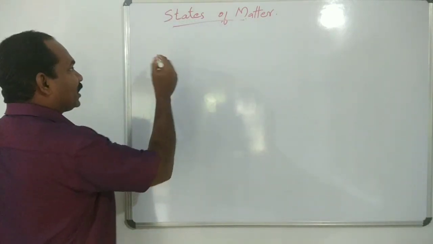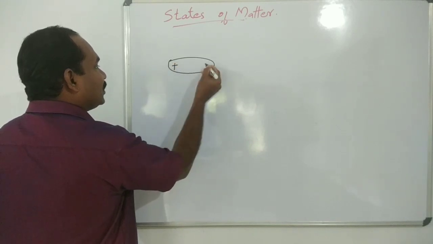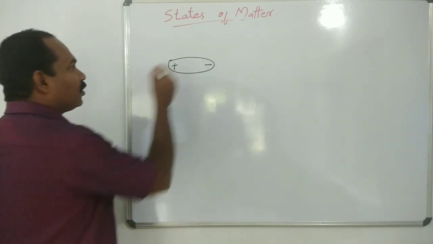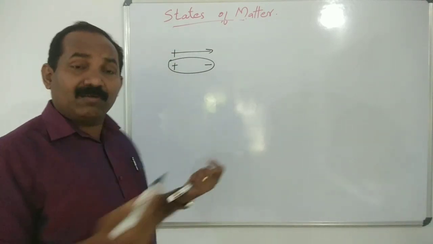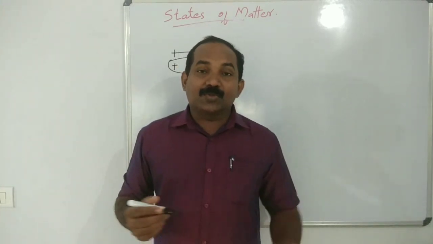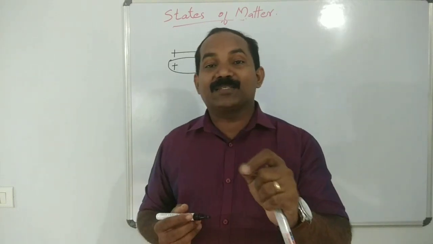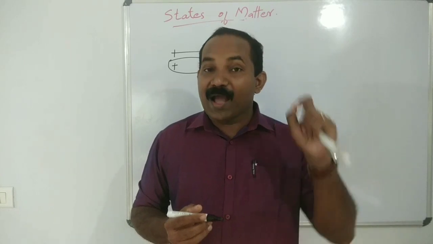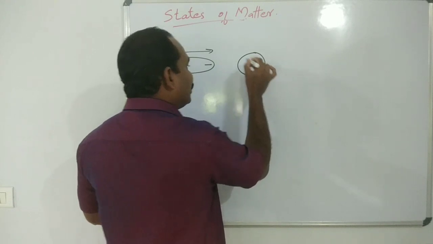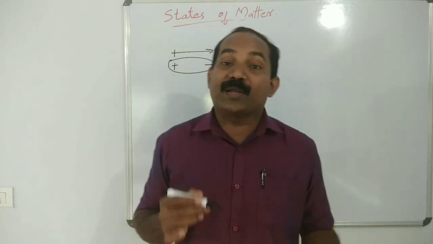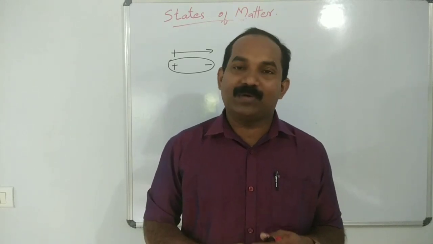Let's take this as a permanent dipole, plus charge, minus charge, with the dipole in this direction. Let's take HCl, no problem. One molecule is a permanent dipole, and the other is non-polar, with no permanent dipole moment.